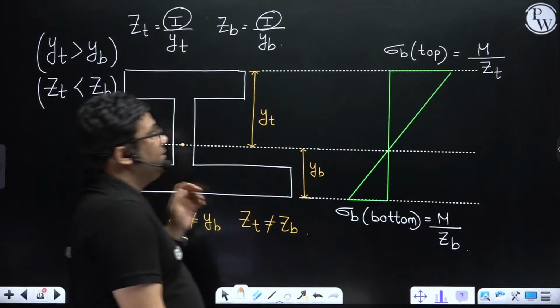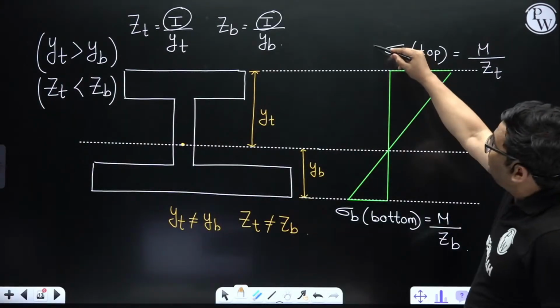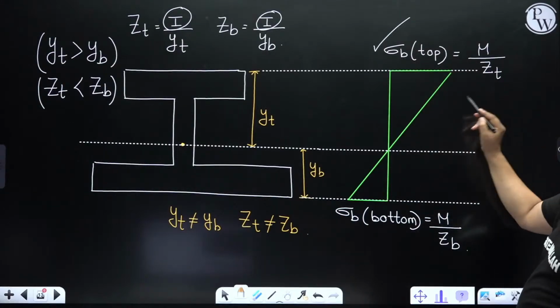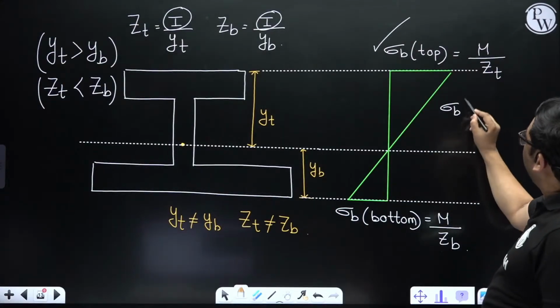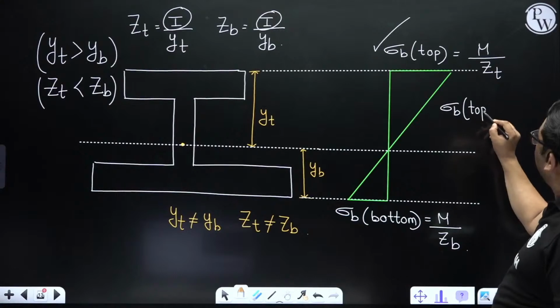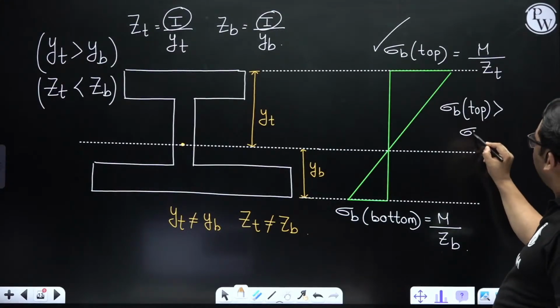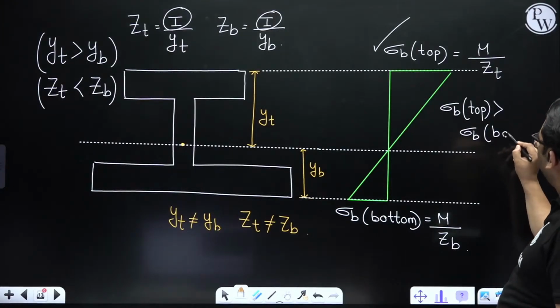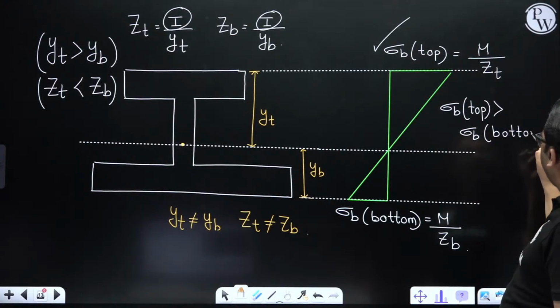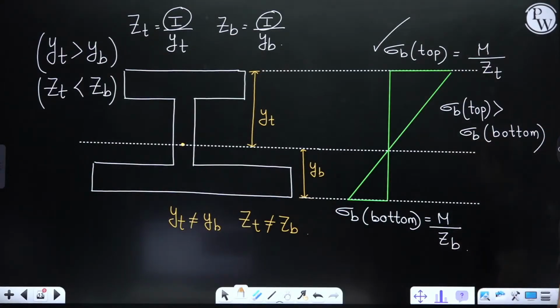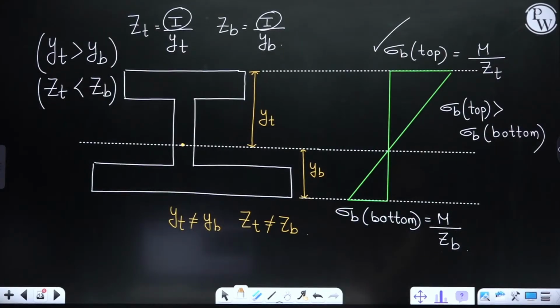So I can say here the bending stress at top is more than the bending stress at bottom. They are not equal in magnitude, at least. But in case of rectangle and circle, they were equal in magnitude, right?